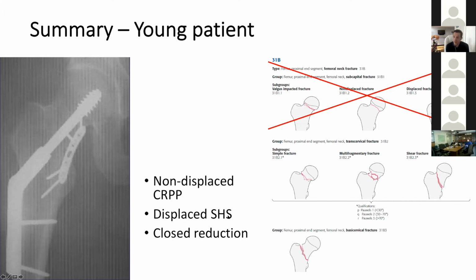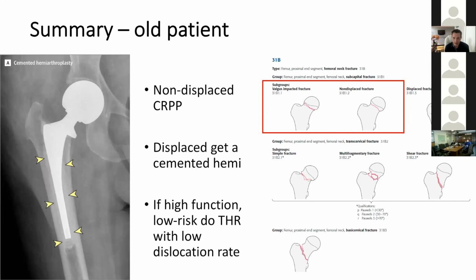And you should be choosing closed reduction, because all the advantage that opening it would give you is more non-union. Obviously, if it's not a successful closed reduction, then you need to open it.